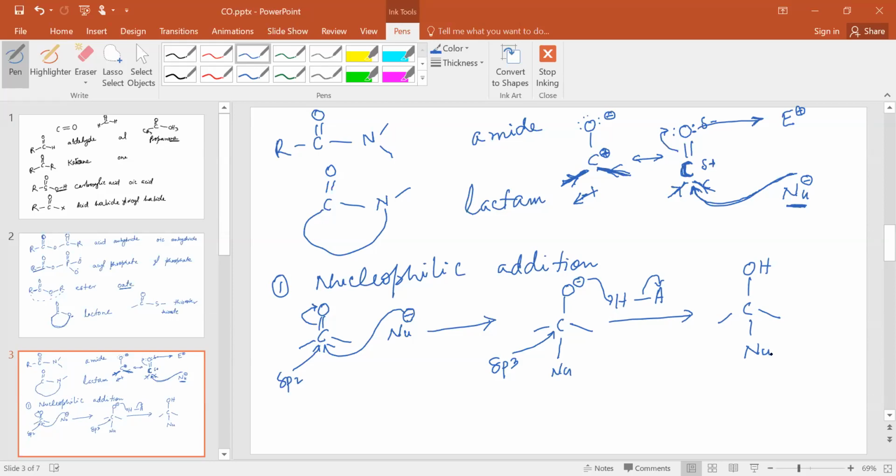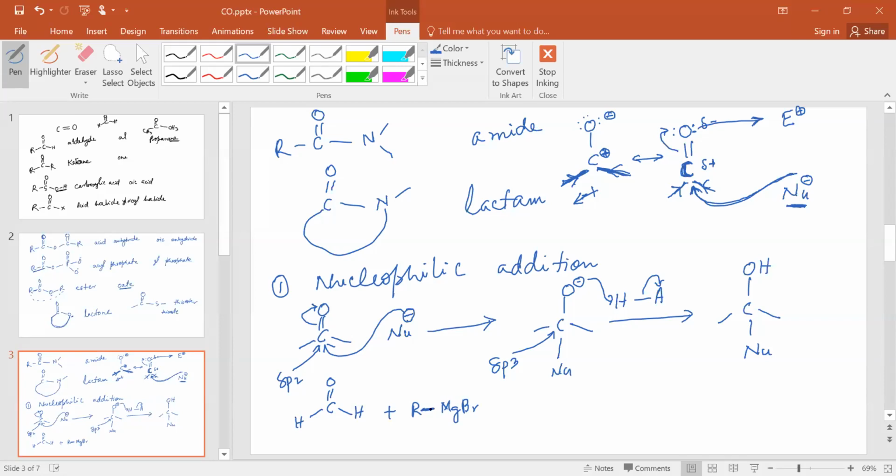See, I gave you guys many examples. Let's say the carbonyl is formaldehyde, okay? And you react with Grignard reagent. So what is the reaction? R is a very good nucleophile.